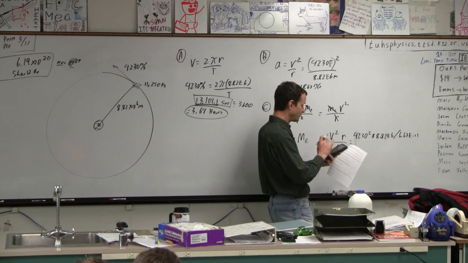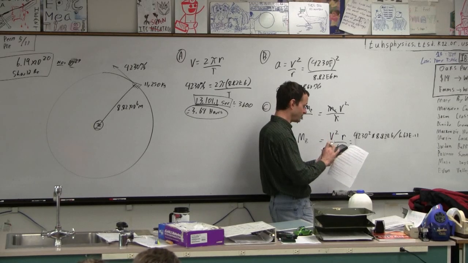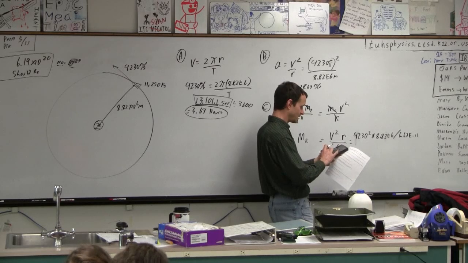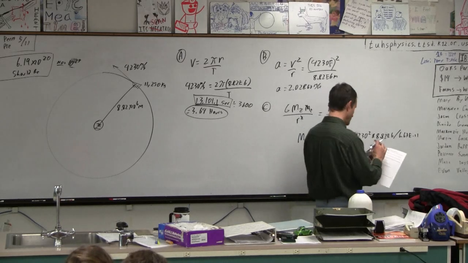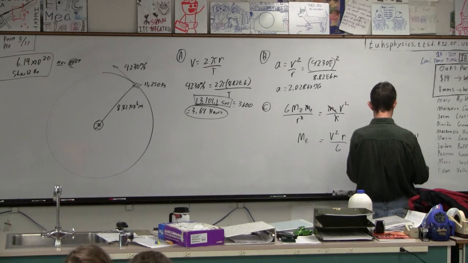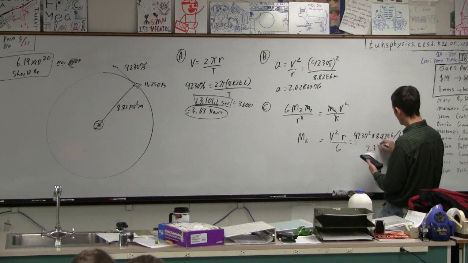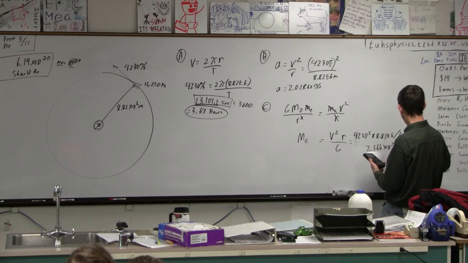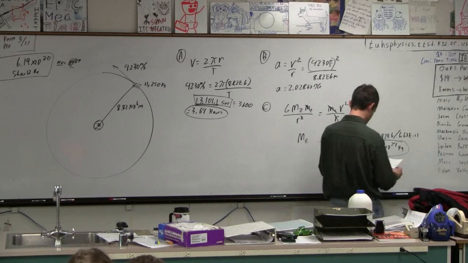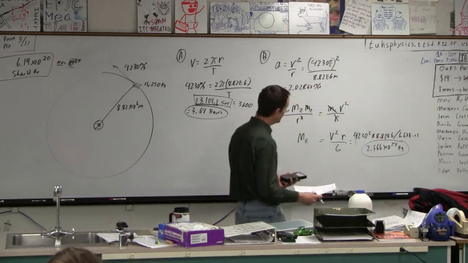So times 4230 squared times 8.82. Now we got to divide. Divided by 6.67 E minus 11. Wow. Oh, that's the mass. I thought this was something else. Okay, 2.366 times 10 to the 24th kilograms is what I get. Is that what I got? That is what I got.